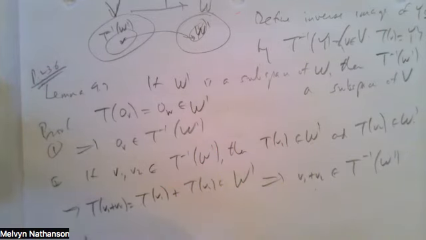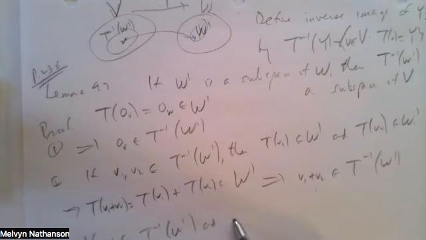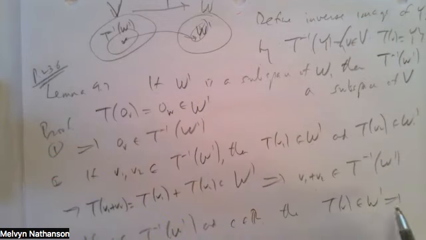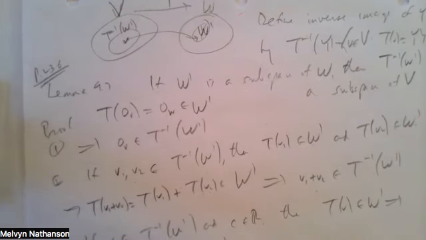Finally, if V is in the inverse image of W prime, and C is a scalar, say a real number, then T of V is in W prime. And W prime, again, it's a subspace, so it's closed under scalar multiplication. So C times T of V is in W prime.